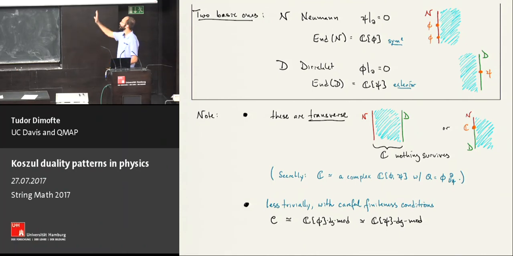So transversality holds somewhat less trivially. These boundary conditions are both big enough, at least if you're careful about how you define the category of boundary conditions. And any boundary condition can be expressed as a module over the symmetric algebra or the exterior algebra.